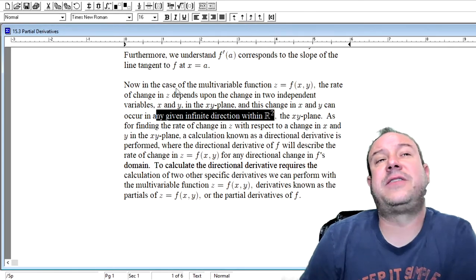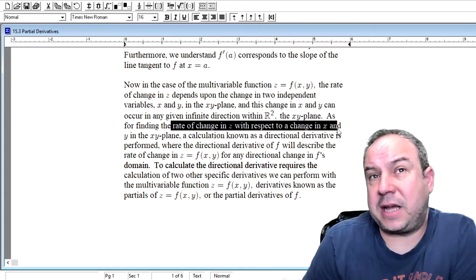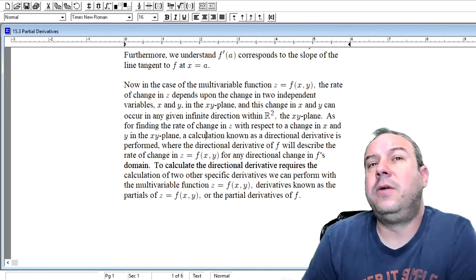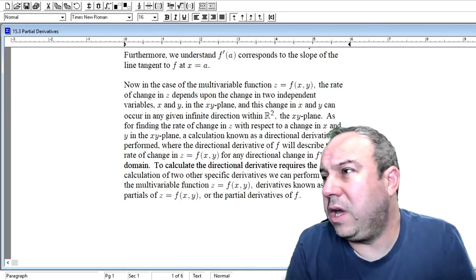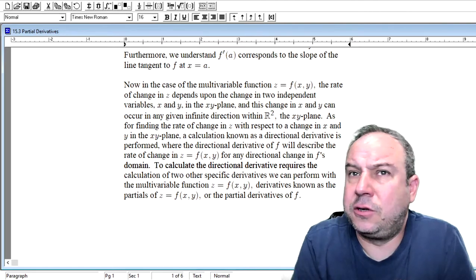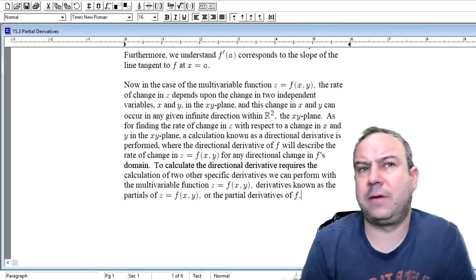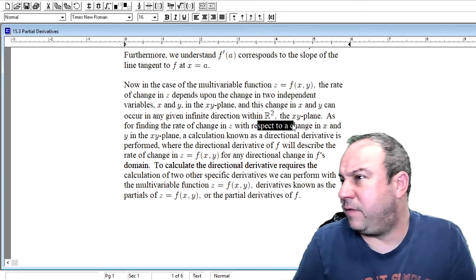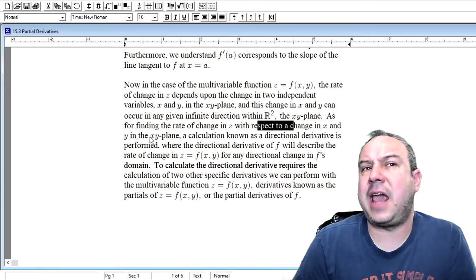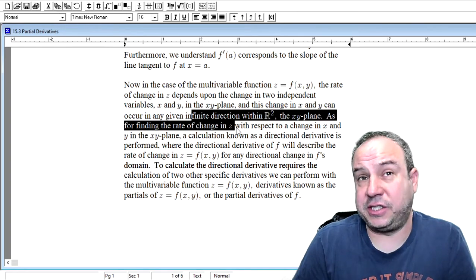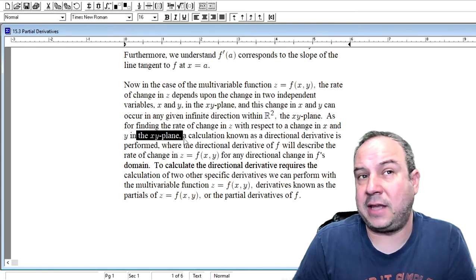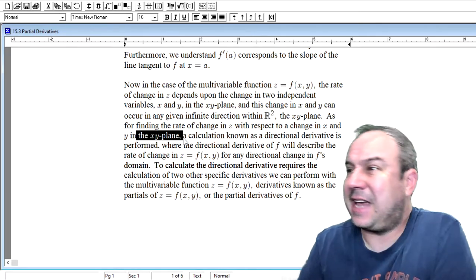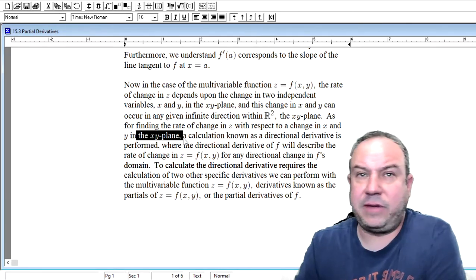As for finding the rate of change in z with respect to a change in x and y in the xy plane, we can calculate what's known as a directional derivative. In terms of calculating any of these infinite changes in z with respect to a change in x and y in the xy plane, we could go about calculating what's known as a directional derivative.